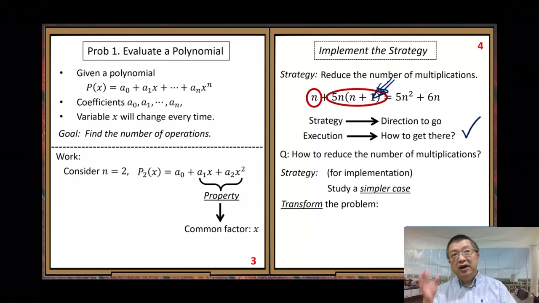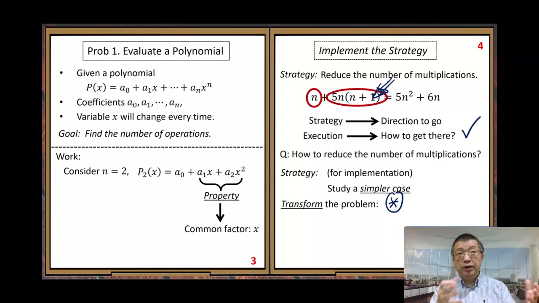Here, let me introduce another commonly used method in problem solving: transform the problem. You change the form of the problem, but it is still equivalent to the original form.